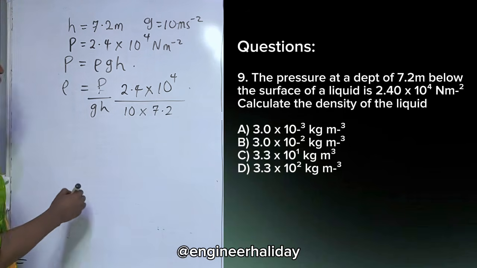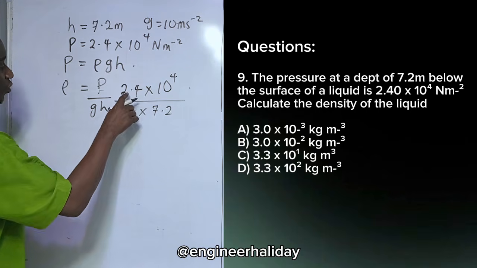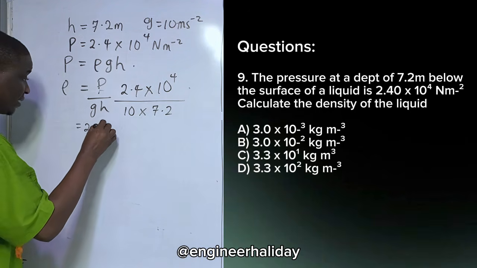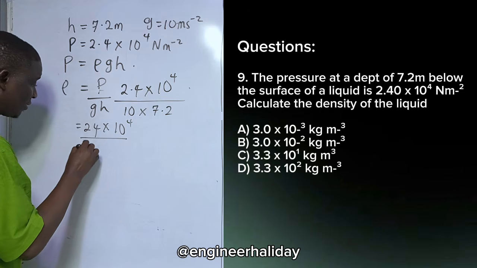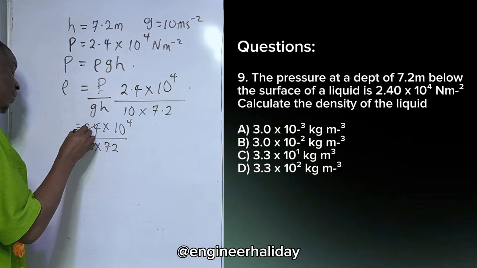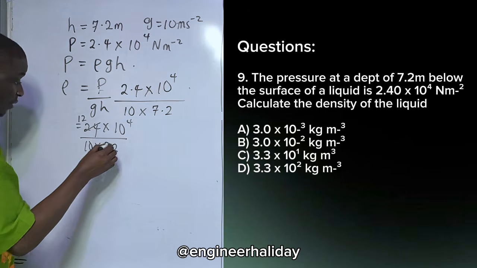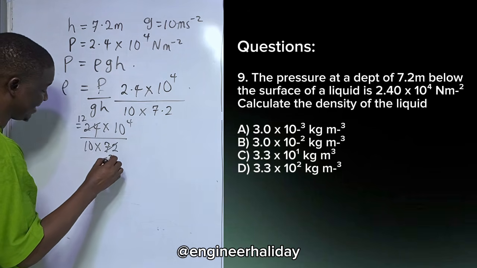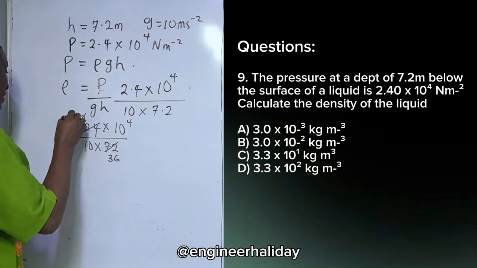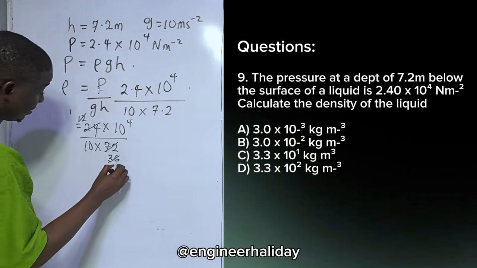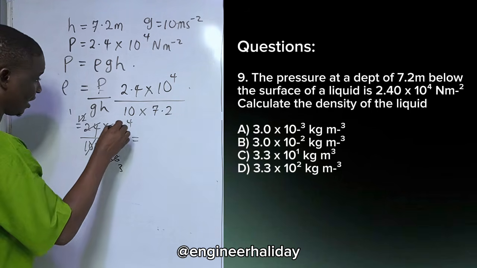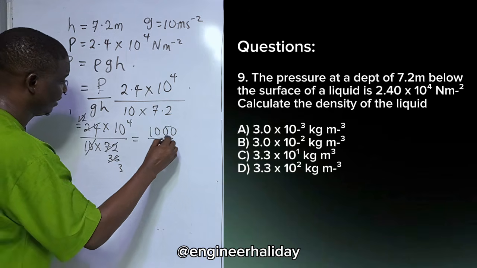This is 24 times 10 to the power 4 divided by 10 times 72. 72 divided by 24 gives 3. So this one will cancel, and we have 1,000 divided by 3.